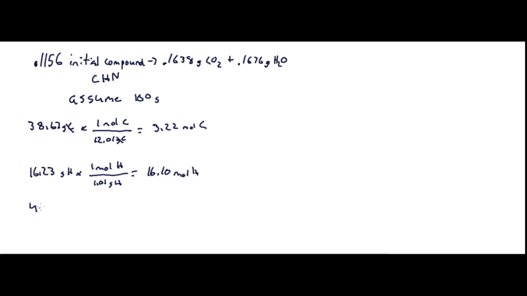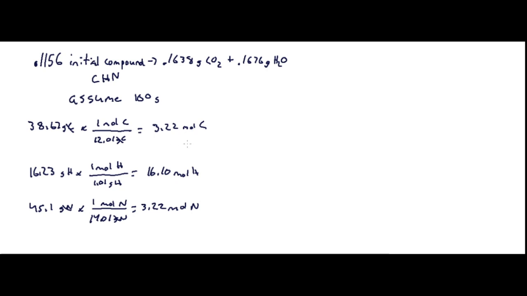Now we have 45.1 grams of nitrogen times 1 mole of nitrogen, and 14.01 grams of nitrogen. Units cancel out, leaving you with 3.22 moles of nitrogen.